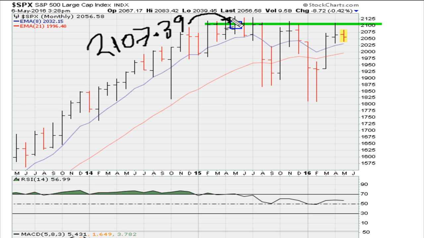Without a breakout, I don't see how this market continues much higher, because this has been a problem. The market has failed to break out on many occasions, trying to break out during these months, and failed to hold above 2107.39. So a breakout is needed if the market is truly to see much improved highs.